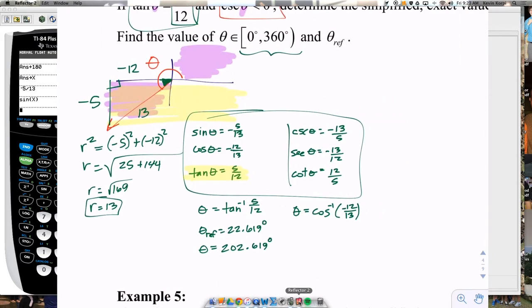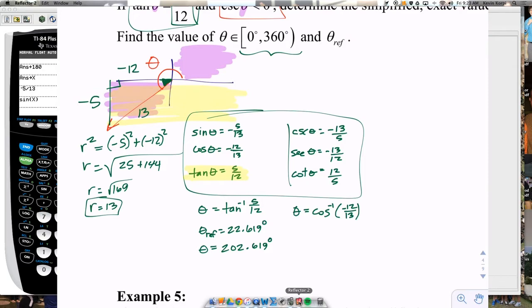I don't know. If we're telling the calculator to give me an angle whose cosine is a negative number, in which two quadrants is cosine negative? Cosine, remember, is x over r. R is always positive. So cosine's negative when x is negative, which is quadrants 2 and 3, jazz hands.